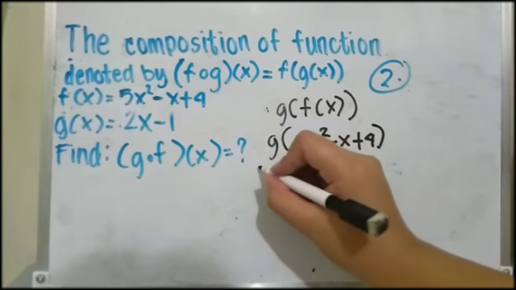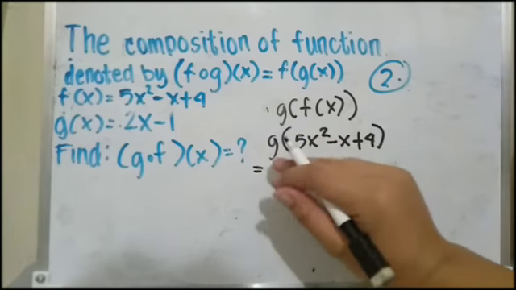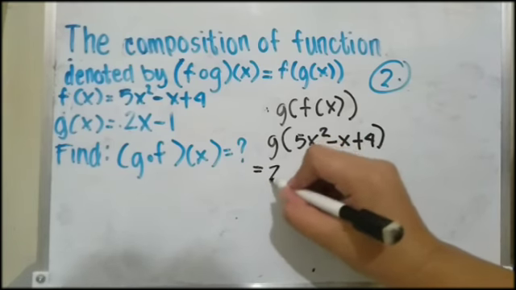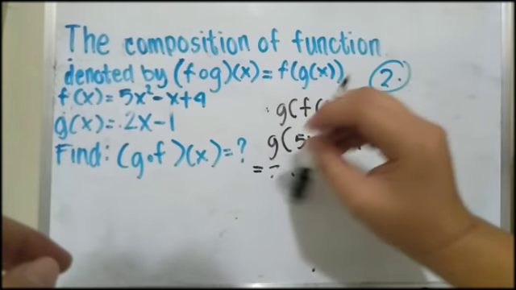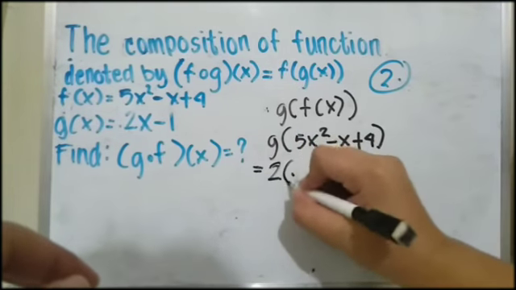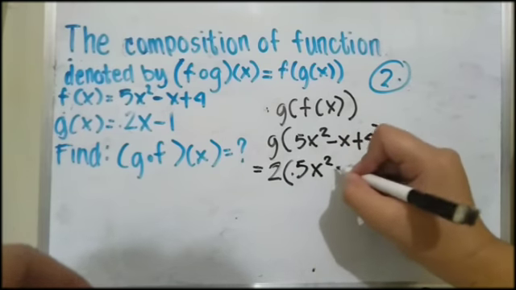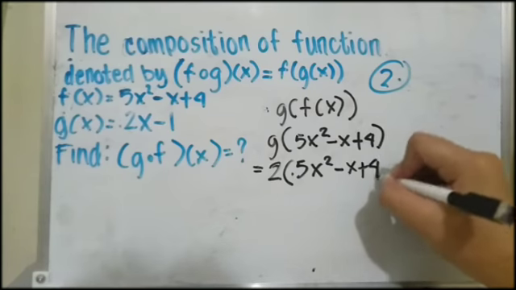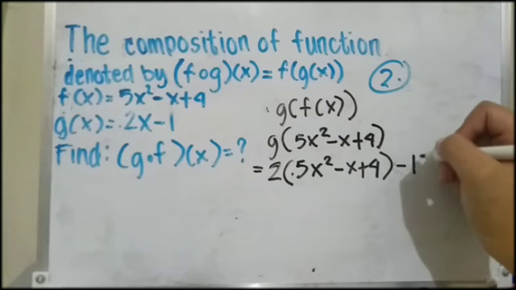And then we are going to substitute into g. So the value of g is 2x plus 2, and the value of x is 5x squared minus x plus 4, and don't forget the negative 1.